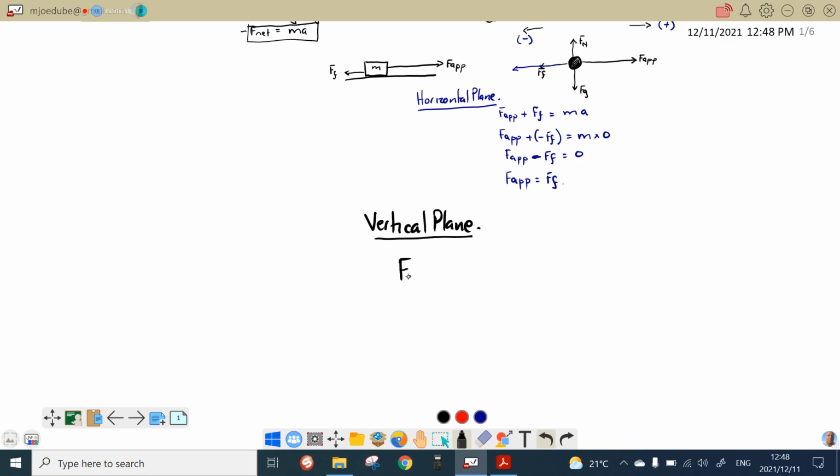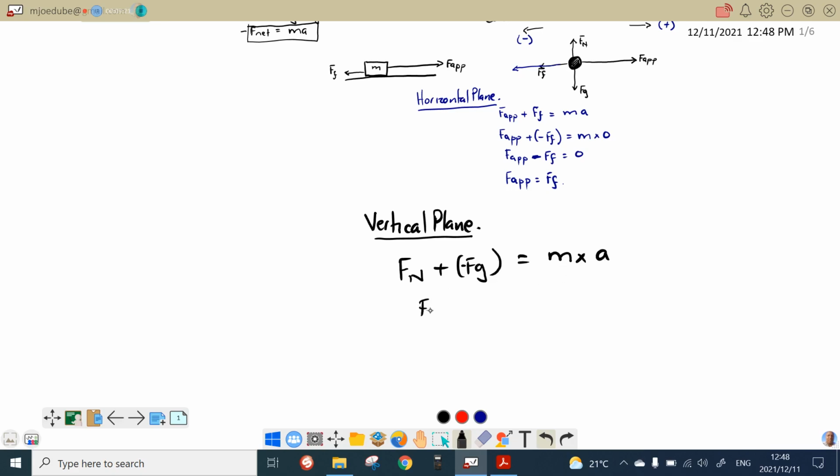the Fn, which is the normal force, plus your Fg, which is acting in the opposite direction, so plus minus Fg, is going to be equal to m times 0 acceleration, because there's no acceleration in that plane. So it's also going to be equal to 0.